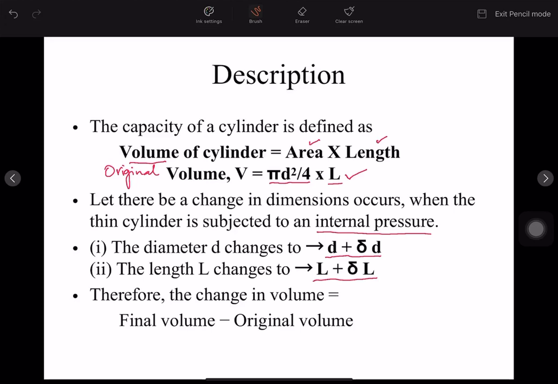Therefore, the change in volume equals the final volume minus the initial or original volume. This change we need to calculate ultimately.